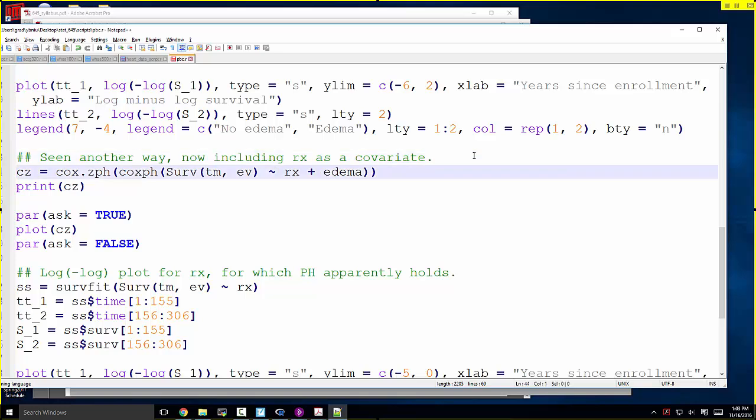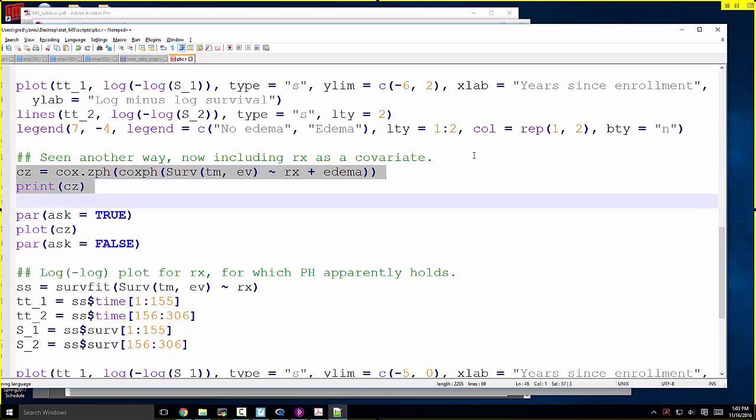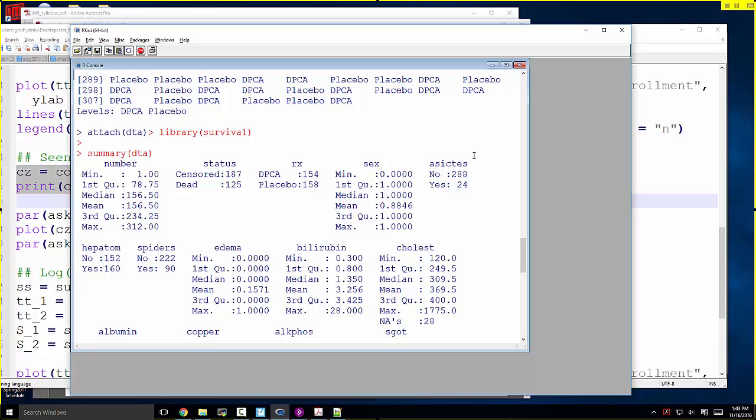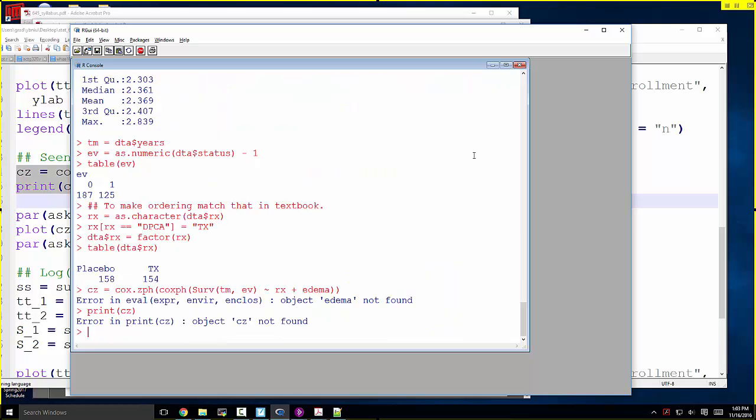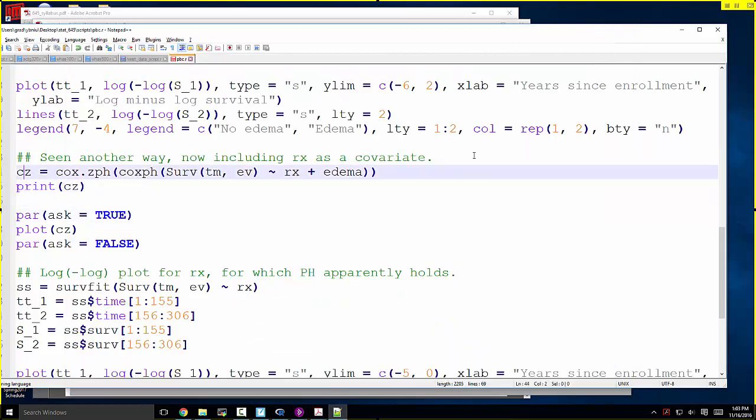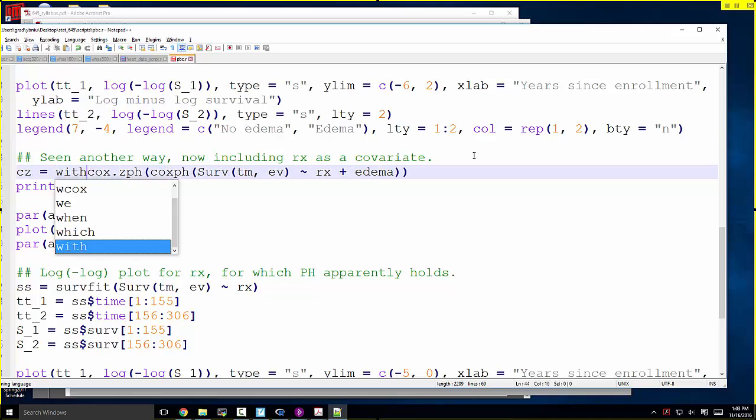I'm going to consider treatment and edema. This is what the textbook did with these data. We could include more covariates in there, but just for simplicity, let's look at these two covariates, treatment group and edema. Cox.zph will ask, does it appear that the Cox proportional hazards model holds with respect to each of these covariates?